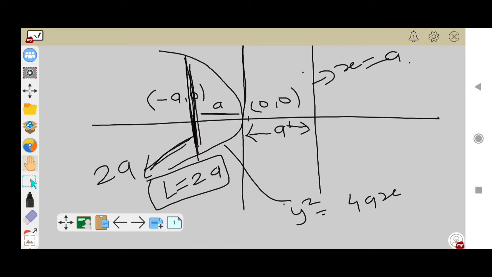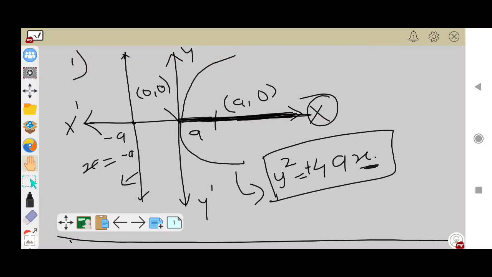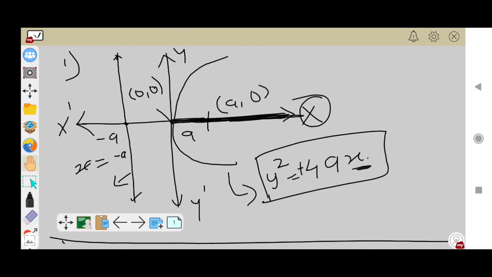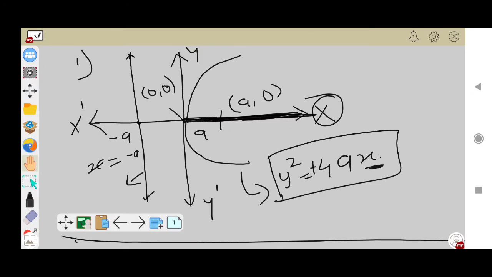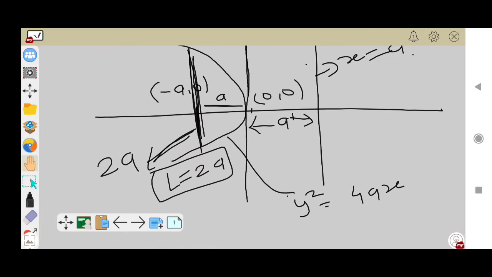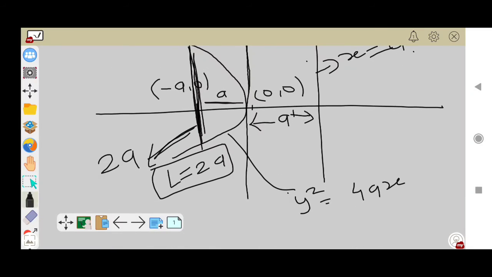This is x dash, y dash. Now the fixed line is this, and what will be the equation? Y is equal to a. Here y is equal to a. And equation of this parabola will be x square is equal to minus 4ay.